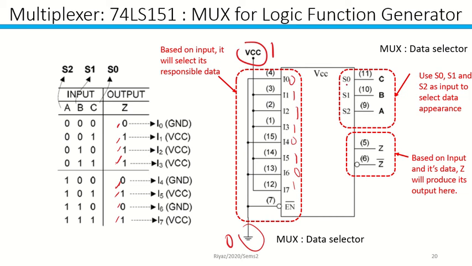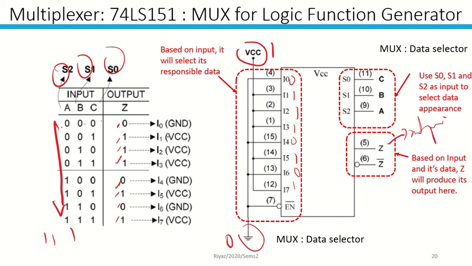You're going to have S0, S1, S2. As usual, it starts with 0 0 0, 0 0 1, 0 1 0. You just follow the order until you get 1 1 1. And this is your output.